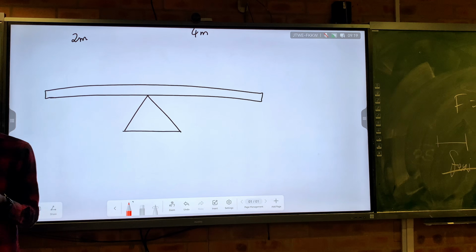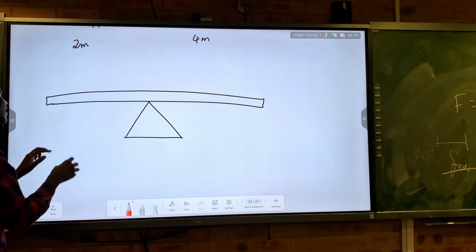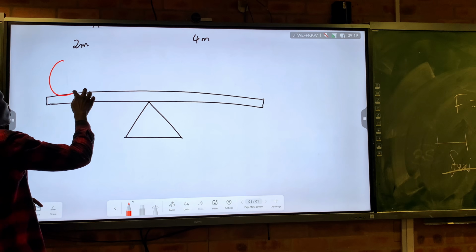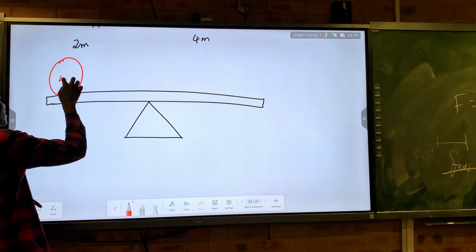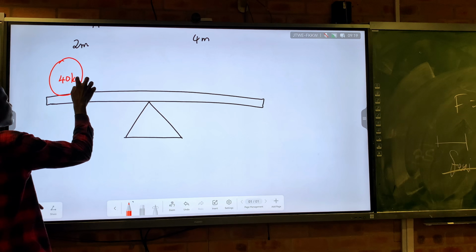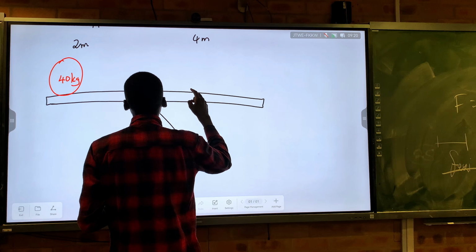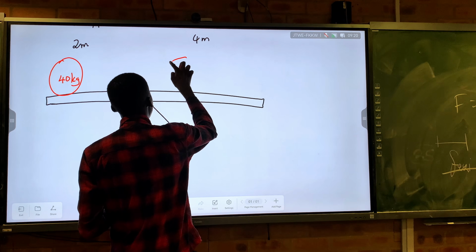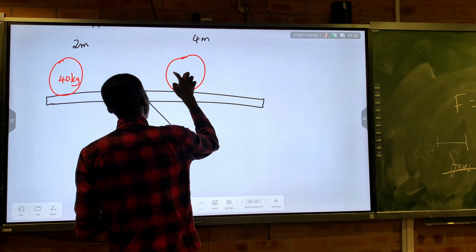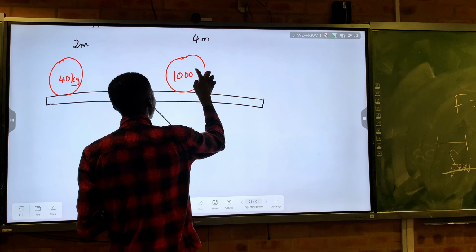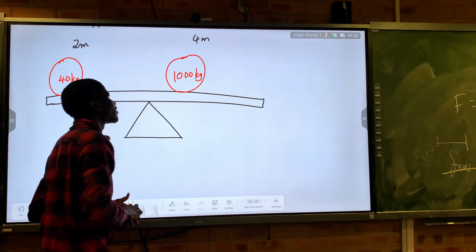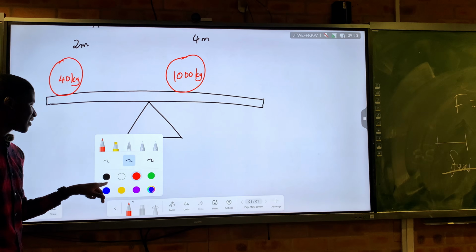So I'm going to take two objects. Here is the first object, and the object is 40 kilograms, and then on the other side I'm going to put another object here, and the object is 1000 kilograms. All right, so I'm going to give you the distance values.